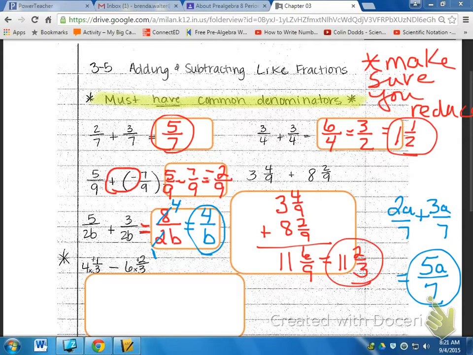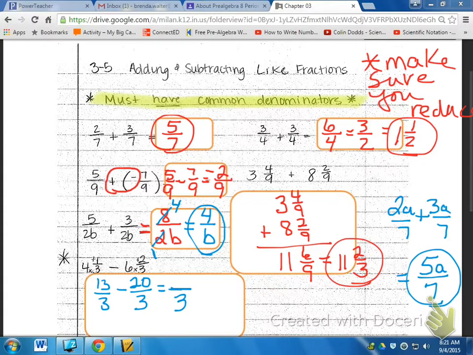So 4 1/3 would be what as an improper fraction? 13 over 3. And then what about 6 2/3? 20 over 3. Okay, I know it's a little more work to go this way, but it makes the problem a little bit easier. So Layla, I've got 13/3 minus 20/3. What do you think for my denominator? 3.